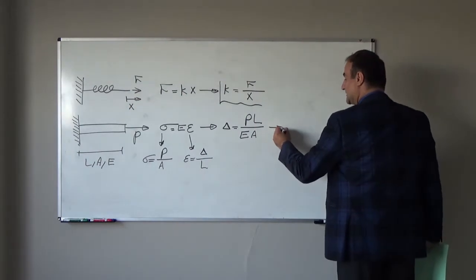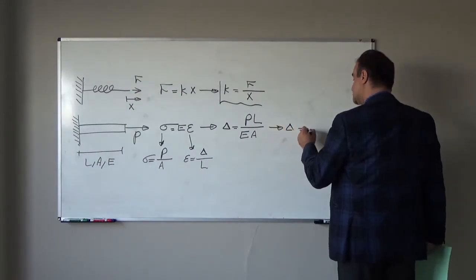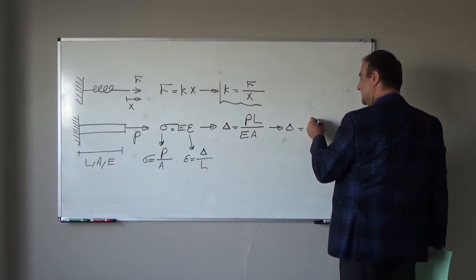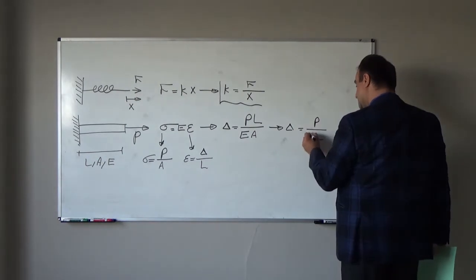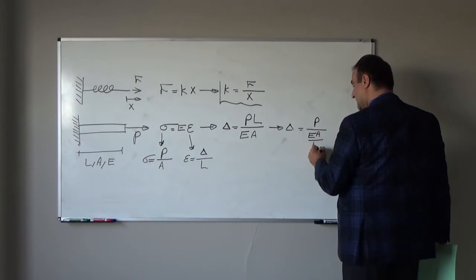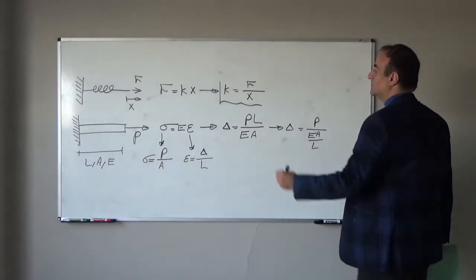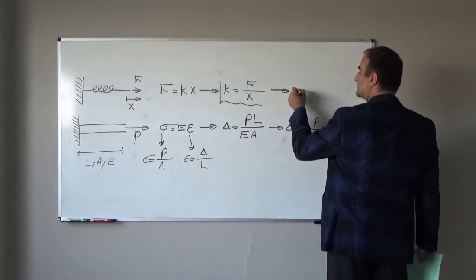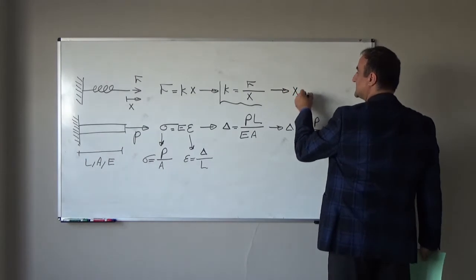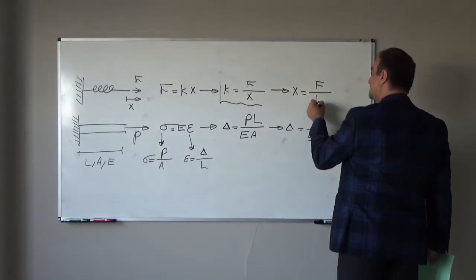I can write this delta is equal to P over EA over L. It is the same. From here I can write x is equal to F over K.